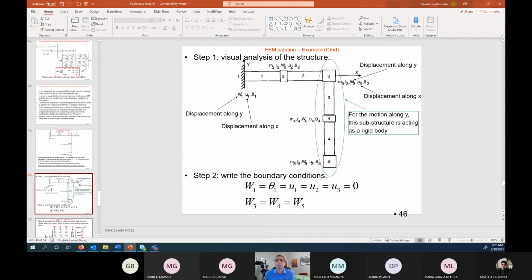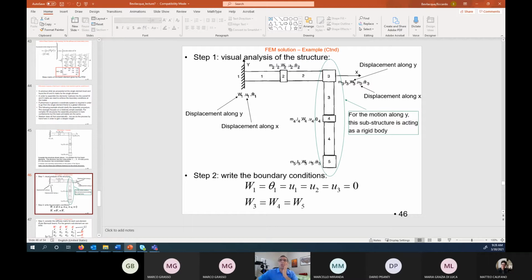Since it's only bending, remember the assumption we made, the X displacement for the nodes 2 and 3 on the X are 0. So there's no elongation in that direction, it's only bending.